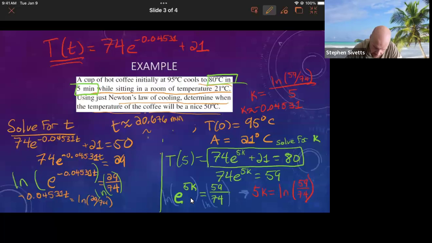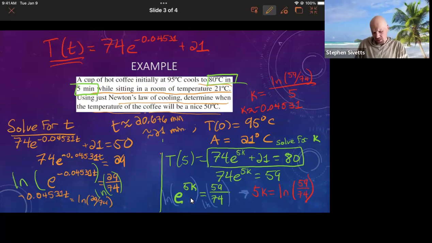So approximately 21 minutes. You'll get a temperature of 50 degrees Celsius in about 21 minutes. Okay, so that's Newton's law of cooling.